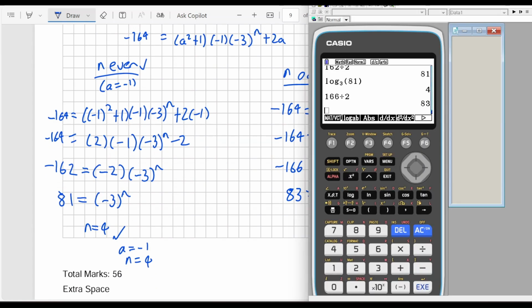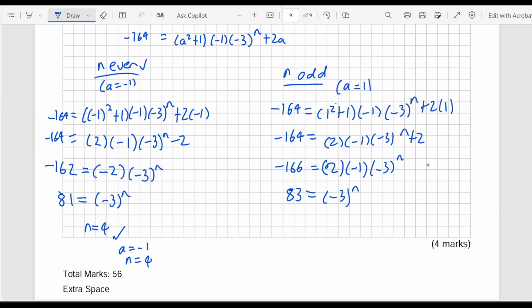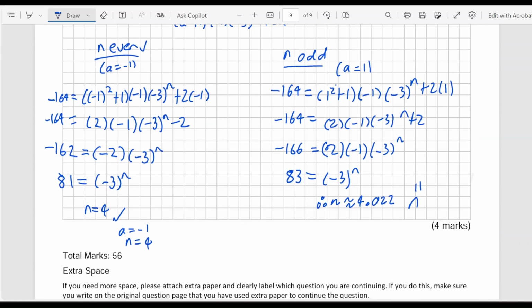I don't even know if we can. Let's see if we can work out what log AB, so there it is. What do I raise 3 to the power of to get 83? That number, 4.022. But that makes me very upset because it doesn't work.